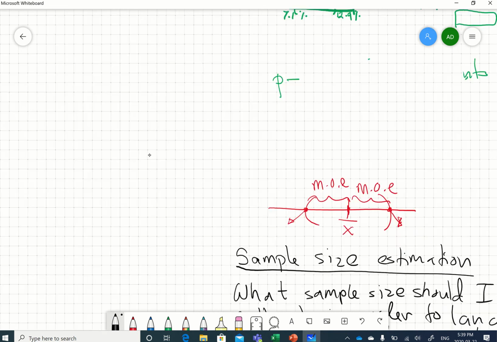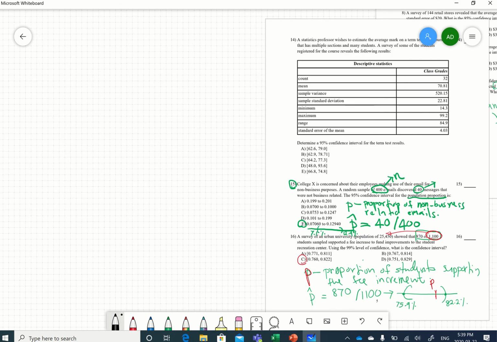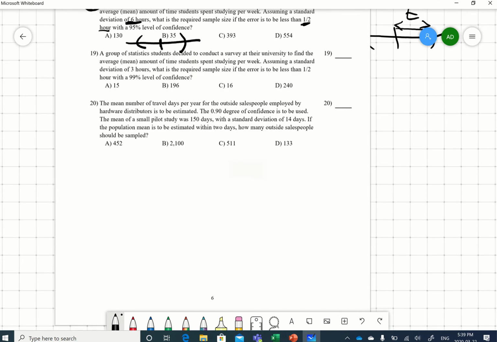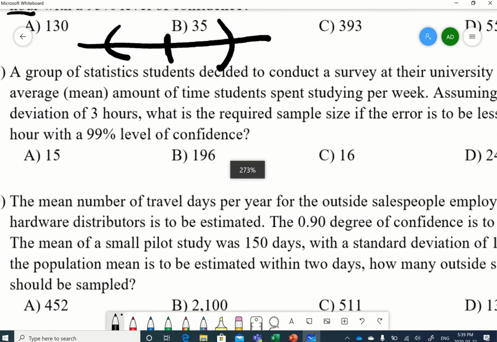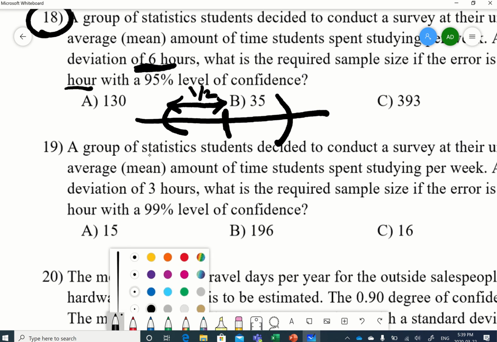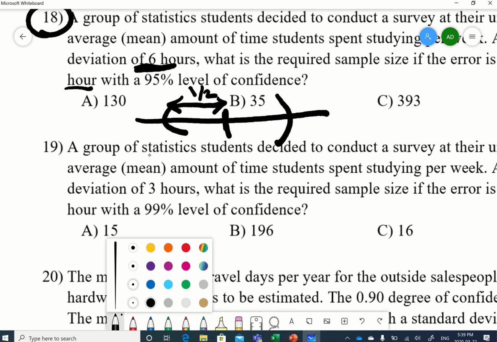So this width is 1/2 or 0.5. So that's the tolerance. That's the error tolerance they are willing to have when building their confidence interval.